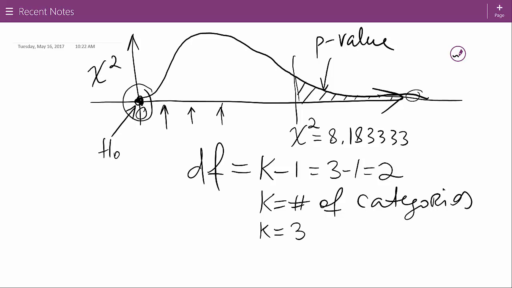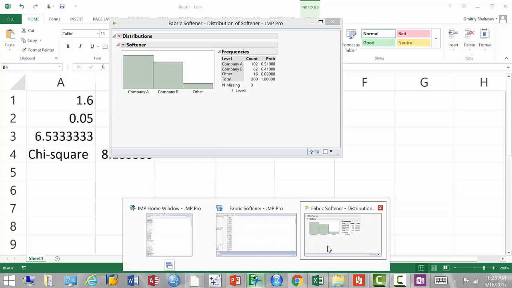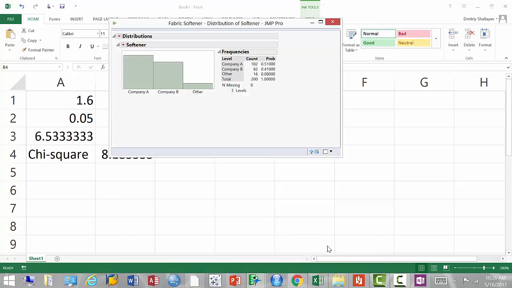So at that point, we have to engage the software. So let's go back to JMP. As you probably figured by now, I'm showing you the long and painful way to do this problem, and that's what I will ask you to do on your homework as well.